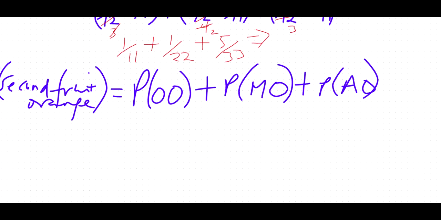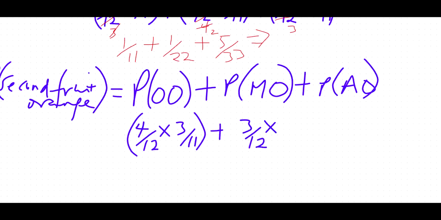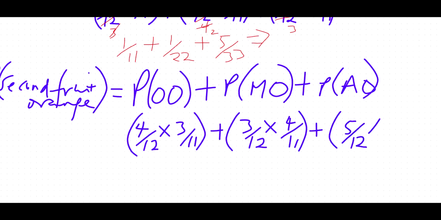So we had 4 out of 12 multiplied by 3 out of 11, or 3 out of 12 multiplied by, when it is an orange, 4 out of 11, or 5 out of 12 multiplied by getting an orange, which is 4 out of 11.